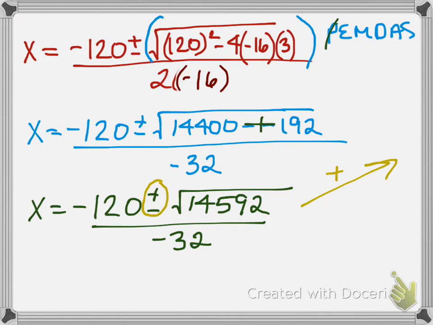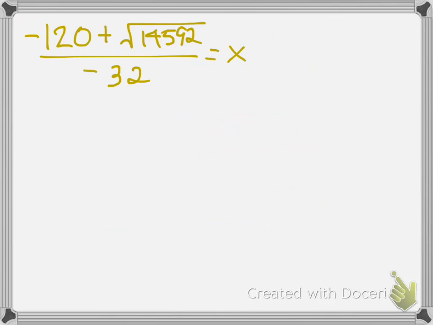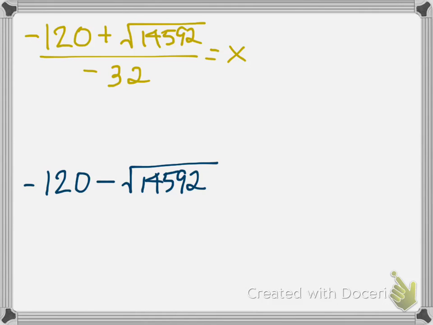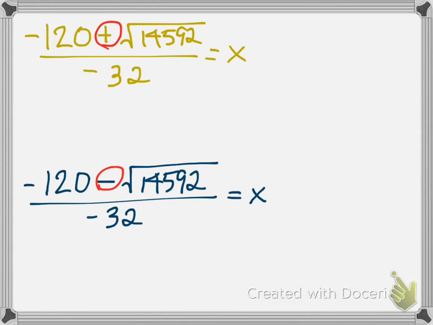However, if I have the minus instead of the plus, then my equation would read negative 120 minus the square root of 14,592 divided by negative 32. And that would be what x equals. So there's how I get my two answers. One with the plus sign and one with the minus sign. And then I simply plug that into a calculator and evaluate.